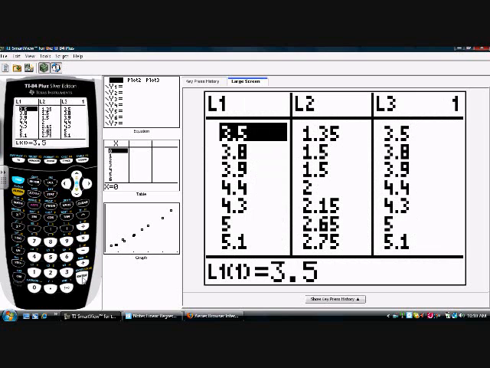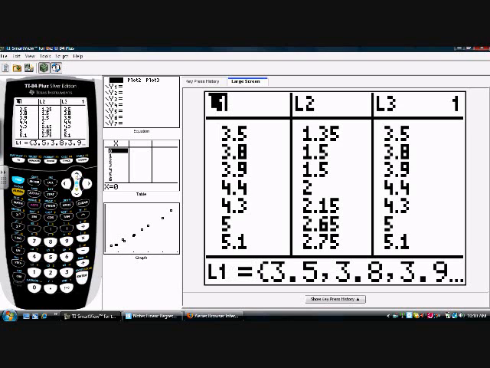If you've got some junk in the list of your calculator, which you will after you've done one problem, and you want to clear that list out, you hit the arrow key up until you are highlighted at L1.